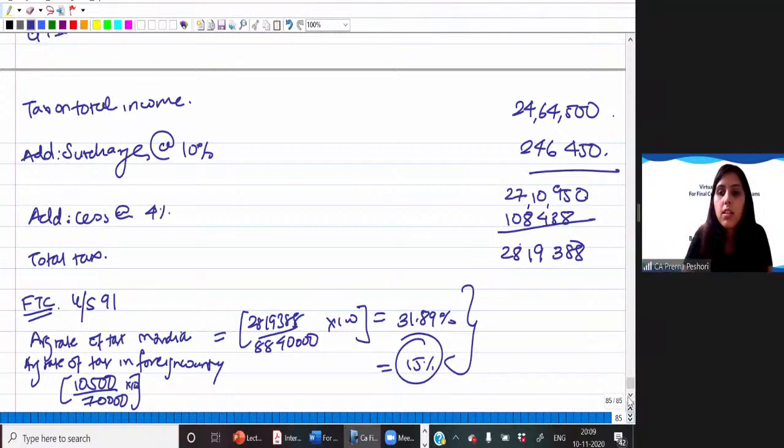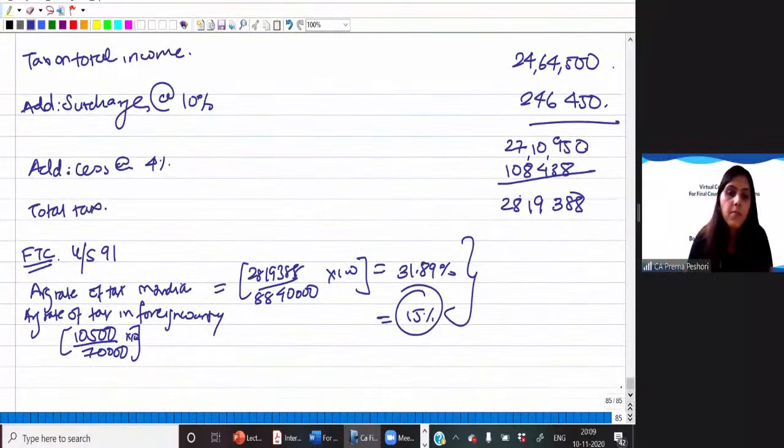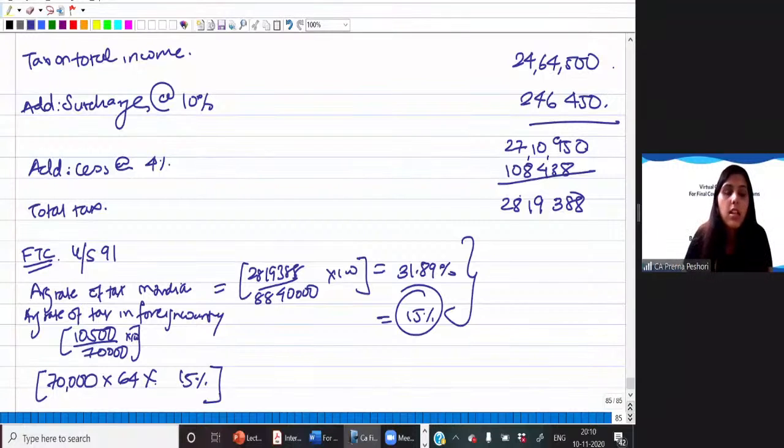In that case, what you will do is 70,000 into 64 into 15%. This will be allowed as the foreign tax credit. Are you clear? This will be allowed as the foreign tax credit.